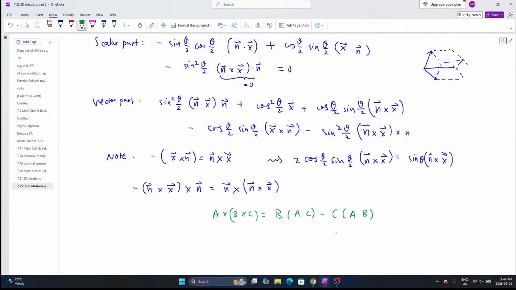So here, let's just apply this formula. Hold on.